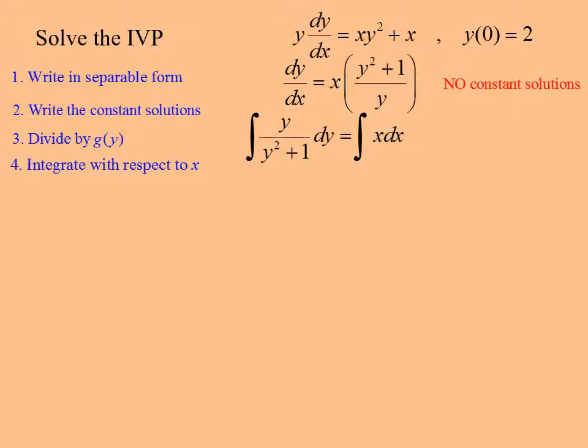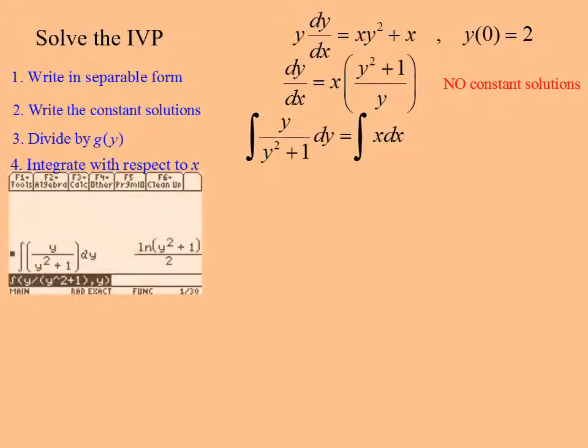Now the left-hand side is going to require a little bit of work. In our differential equations class, I do not mind if you use TI-89 calculators for this tedious derivative and integral work. So I'll pull out my TI-89 and do the integral of y over y squared plus 1, which is 1/2 times the ln of y squared plus 1.